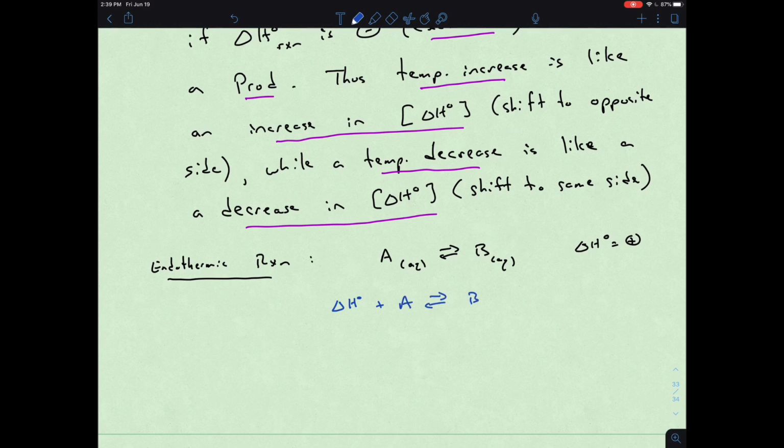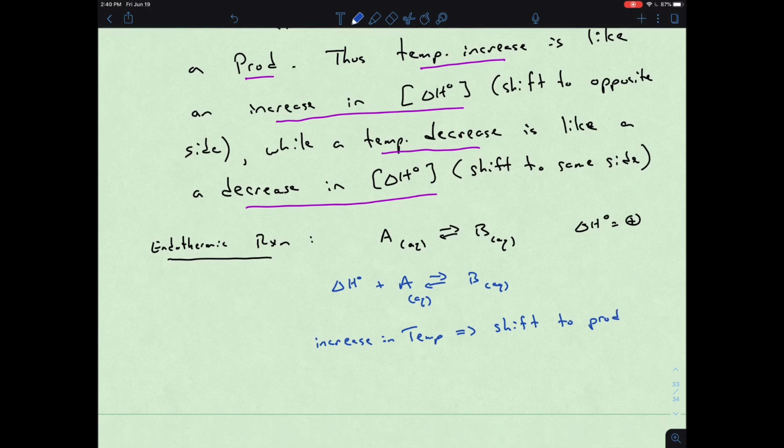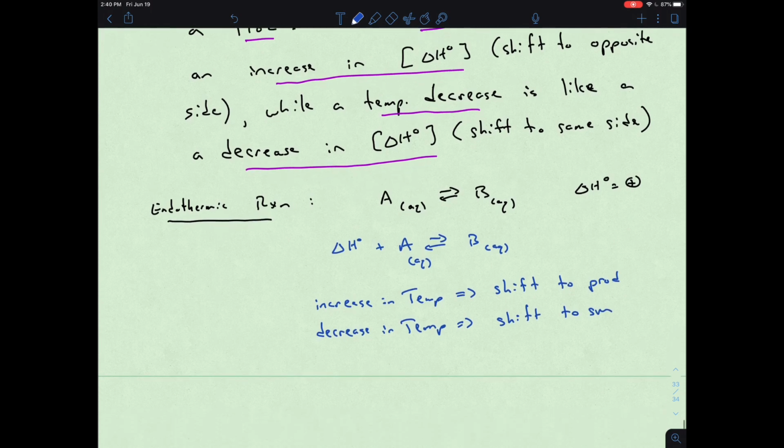The equilibrium now including that delta H on a starting material side. So an increase in temp would then cause a shift to product because we're increasing the concentration of that delta H, while a decrease in temp now causes the other direction. We would shift to our starting material side.